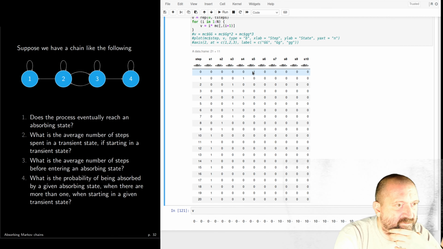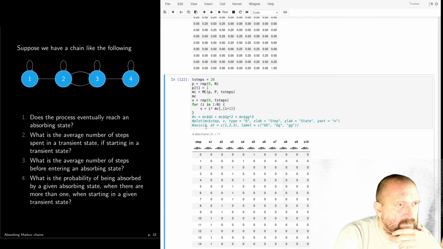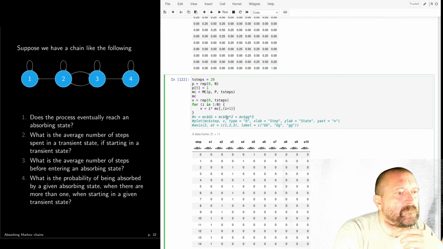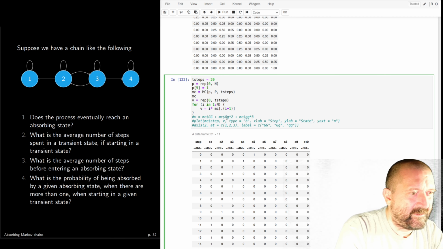So this should be 1 times the I plus 1 column. Yes, V equals V plus this result, of course.